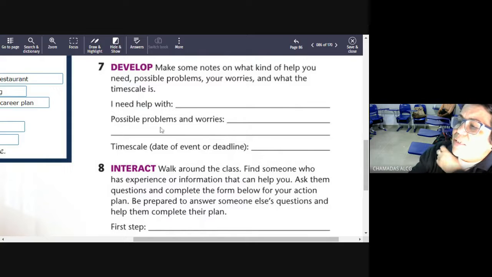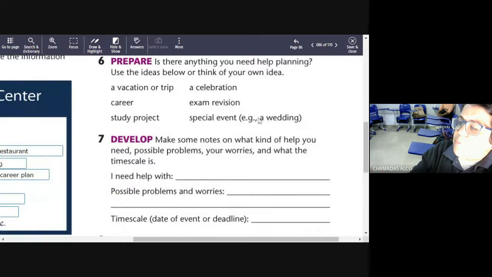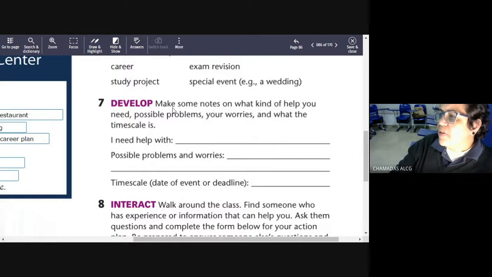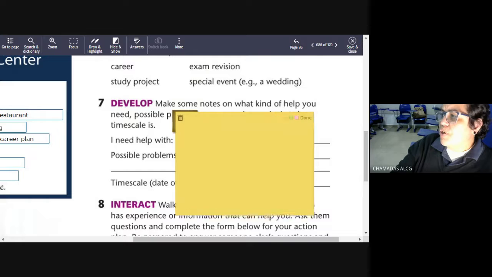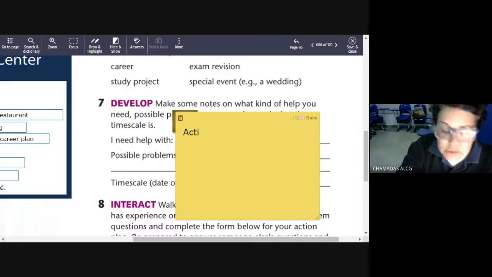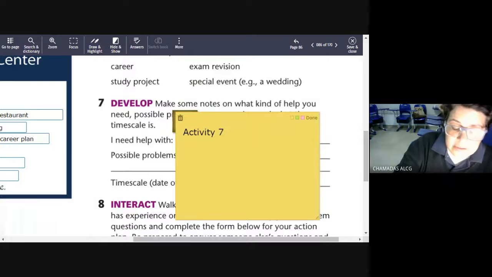So let's create a situation. Let's suppose we are planning, for example, a vacation or a trip. Okay, so you can put here, I need help with, let me write a note here so it's easier. All right.